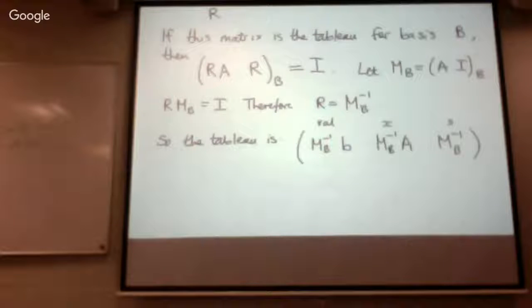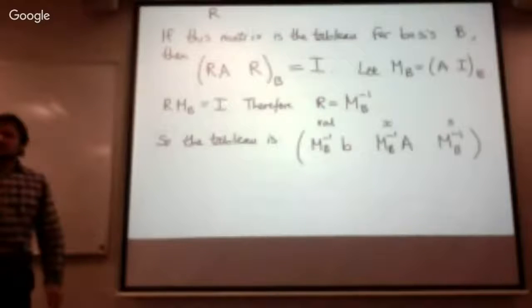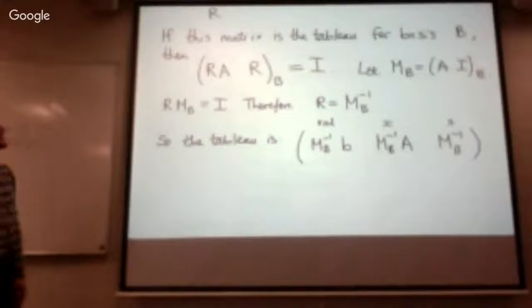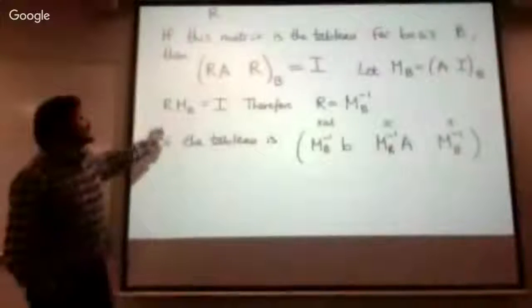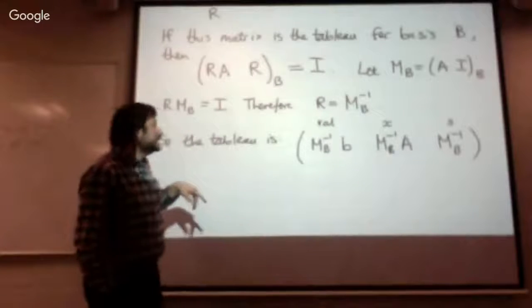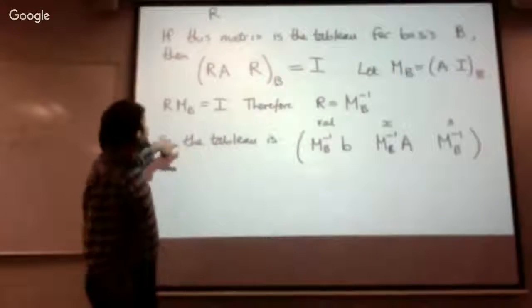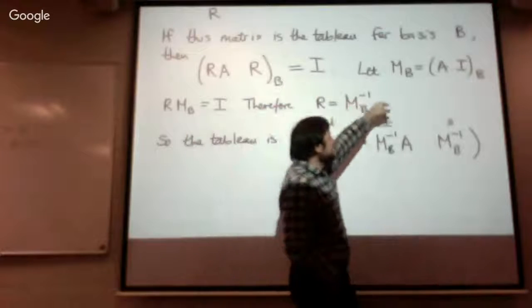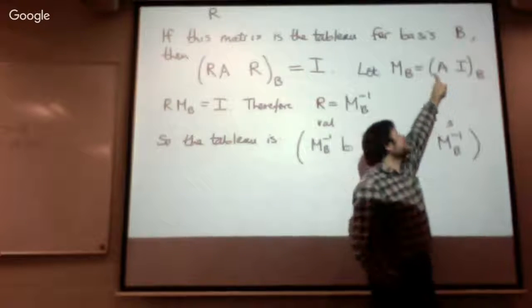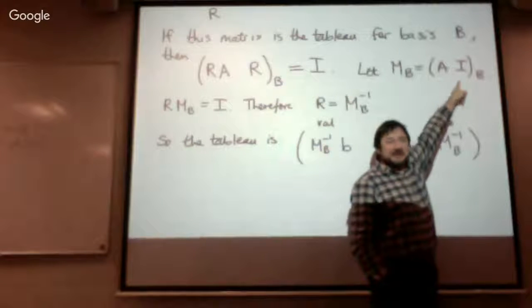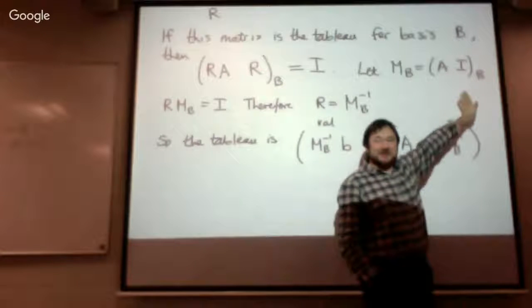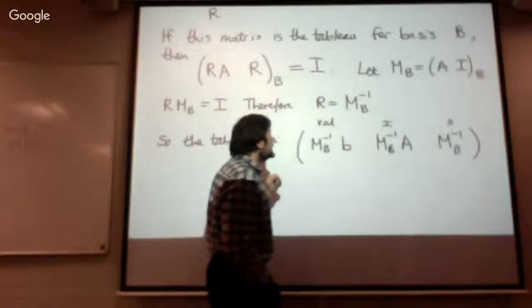Does this look familiar? So what we did last week was what we've just seen in the homework exercise. And if I know what the basis is, B, I can work out what this matrix MB is. So I look at coefficients in the constraints and the identity, and I select the columns that correspond to basic variables.